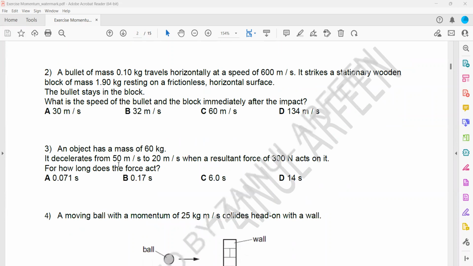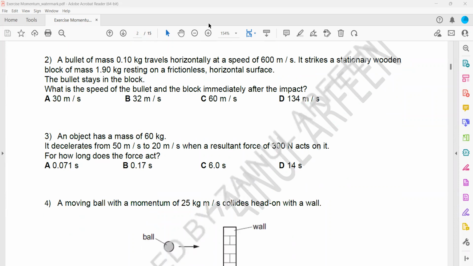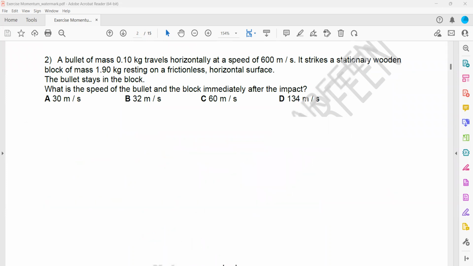In question 2, a bullet of mass 0.1 kg travels horizontally at a speed of 600 meters per second. It strikes a stationary wooden block.